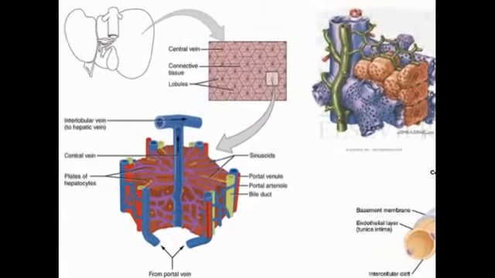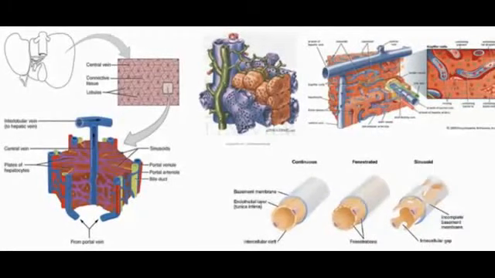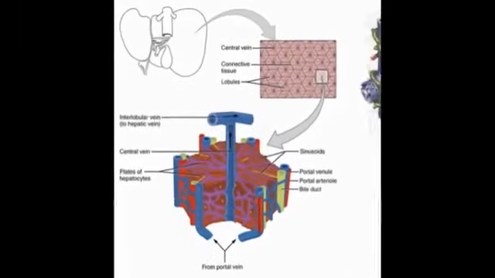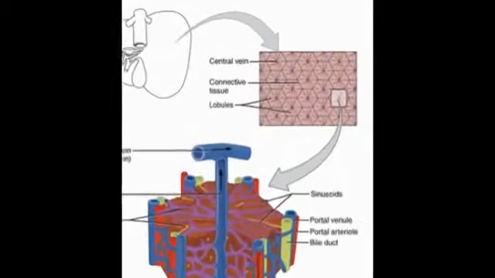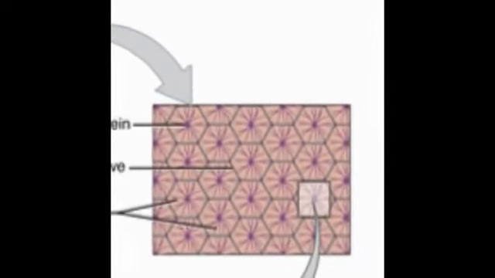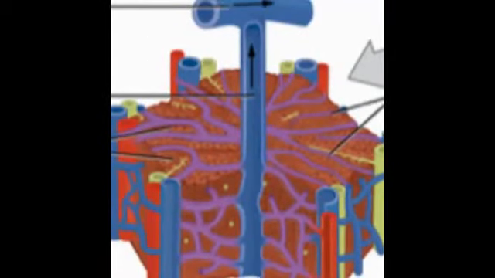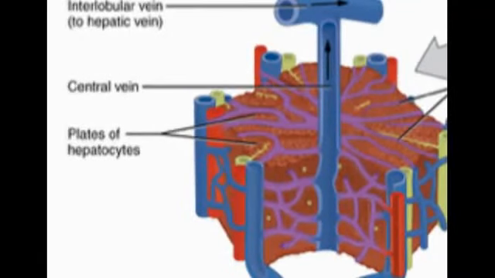This is number 8. This slide is a more microscopic view of each lobula. In the middle of that structure, you see the same hexagonal structure. In the middle of the lobula, we have the hepatic vein, and it is surrounded by the branches of the portal vein.